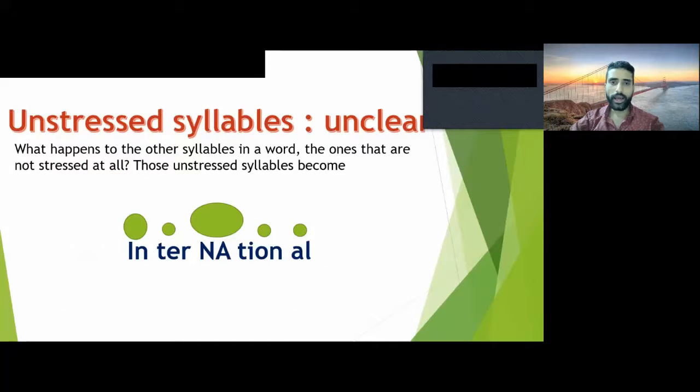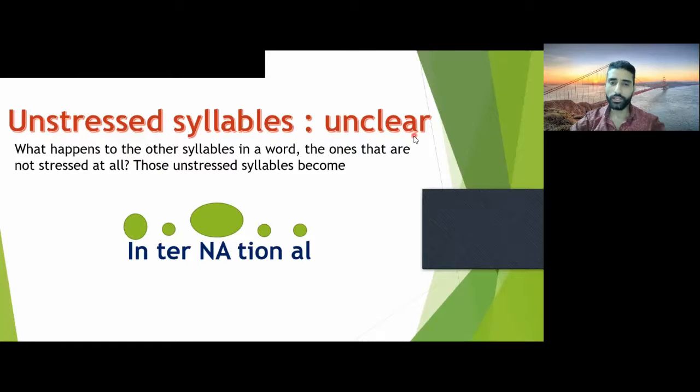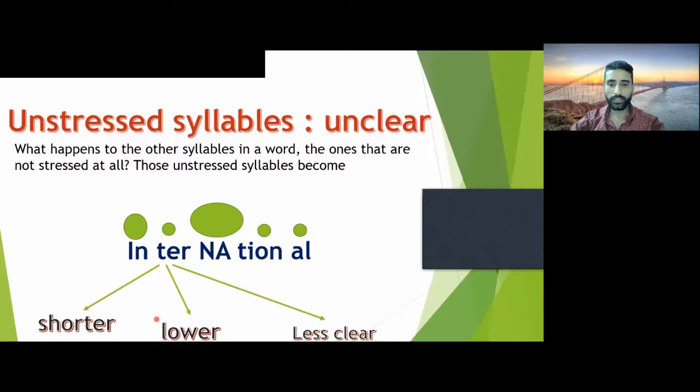And also we have unstressed syllables. They are unclear. What happens to the other syllables in a word? The ones that are not stressed at all, those unstressed syllables become shorter, lower, less clear.